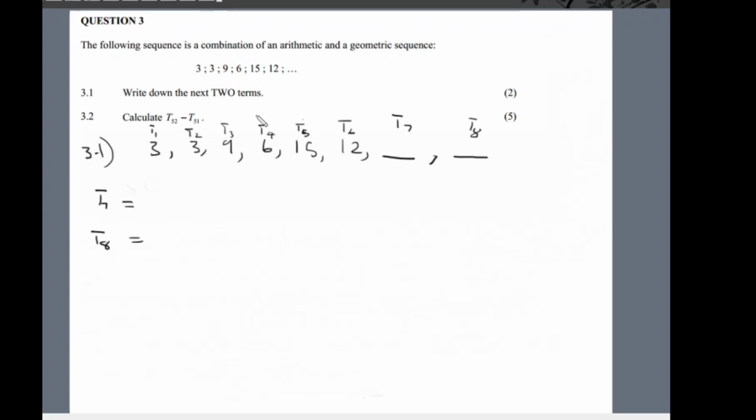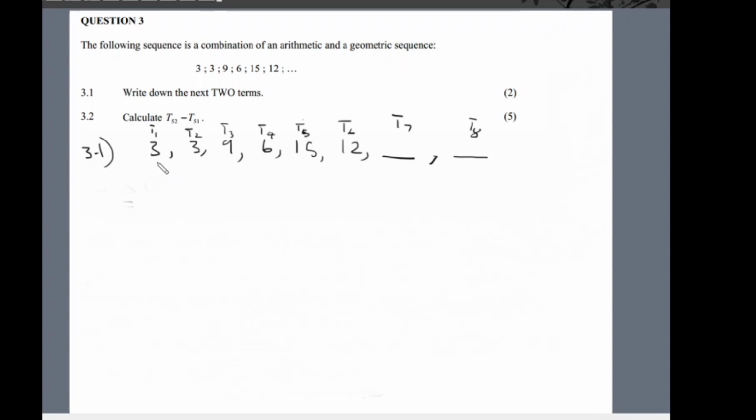This sequence is a combination of an arithmetic and a geometric sequence. So which terms of the sequence form an arithmetic sequence and which terms form a geometric sequence?